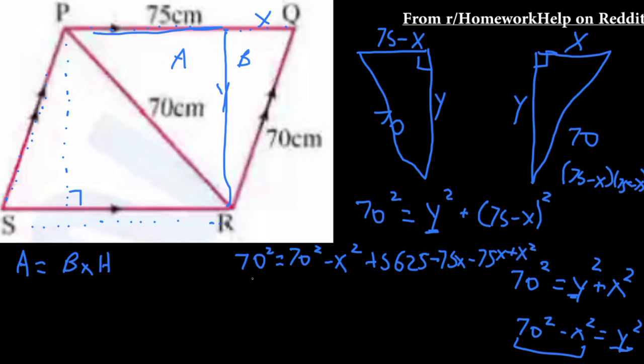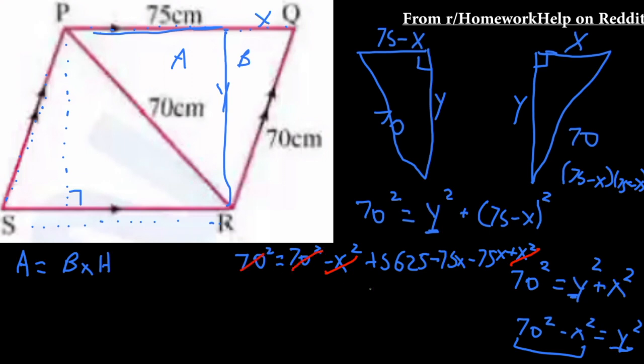From here, we'll start to cancel out some of the terms. Here you have positive x squared on both sides, so these two will cancel out. The 70 squared on each side, since they're on different sides of the equal sign, you can cancel those out as well.